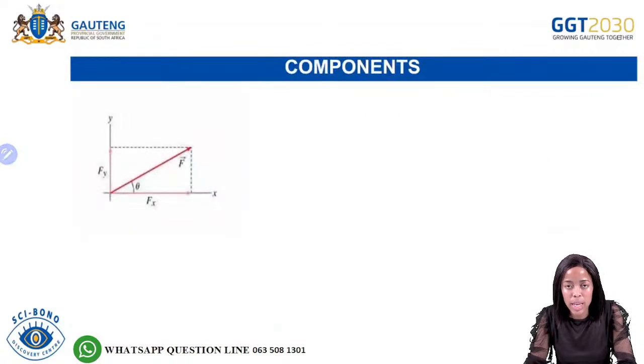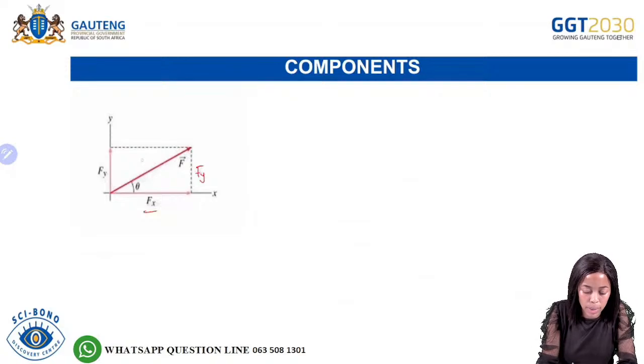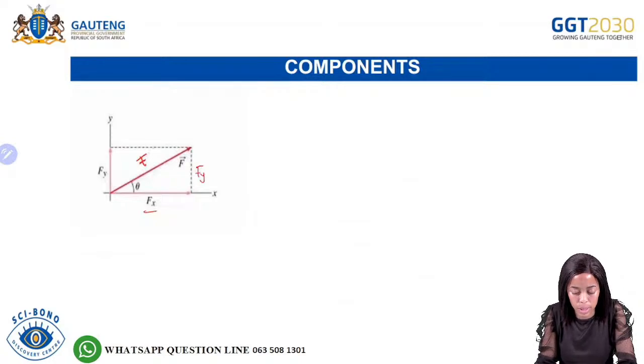So next we have the components. In terms of the components, you will need to apply that knowledge of your maths. We have here our Fx, and here our Fy, and this line here would represent your applied force.